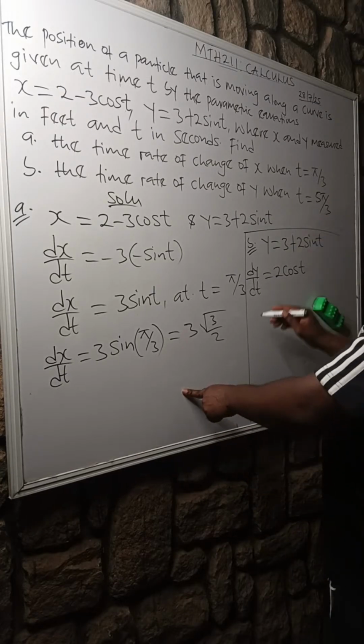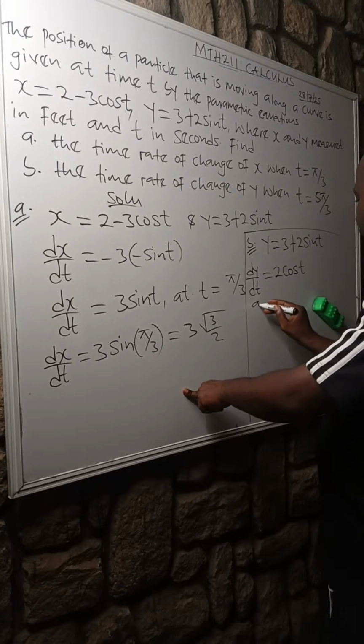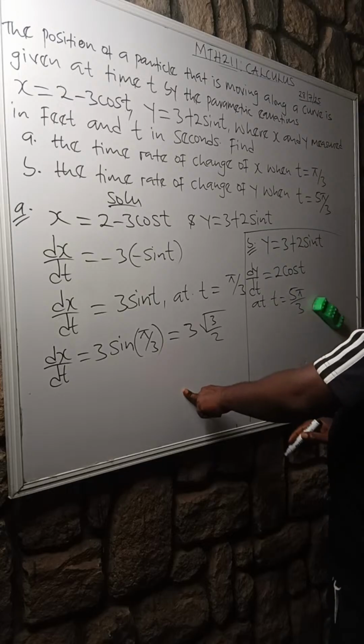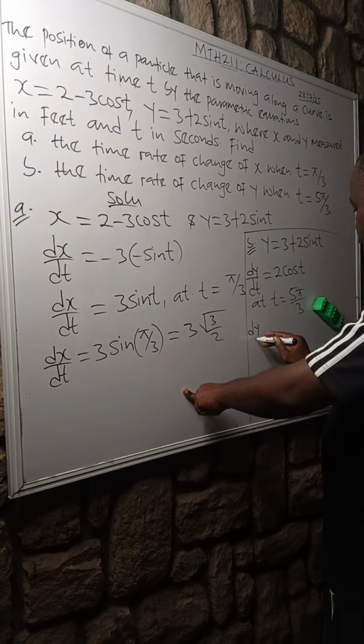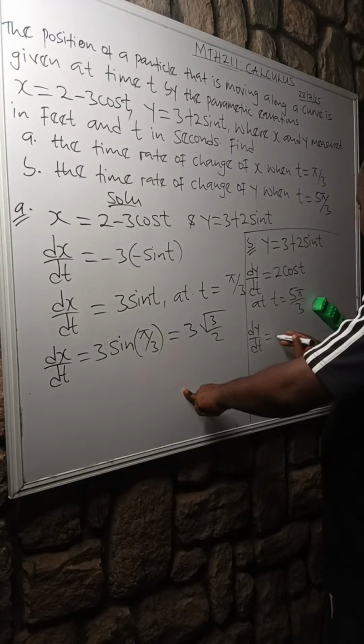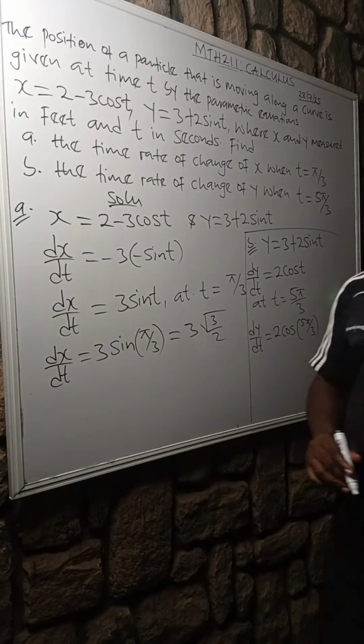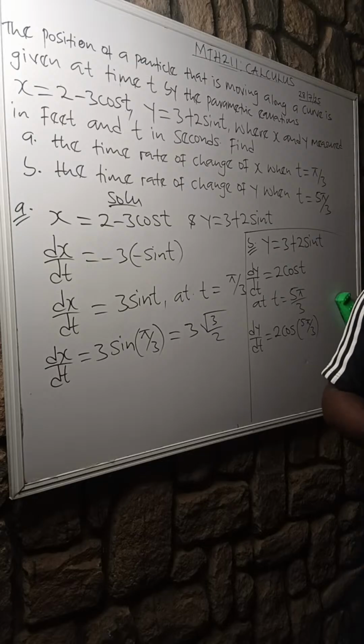Then it says at t equals 5 pi all over 3, true or false? So this implies that dy all over dt is now equal to 2 cos, open bracket, 5 pi all over 3. Do you understand? Are you following?